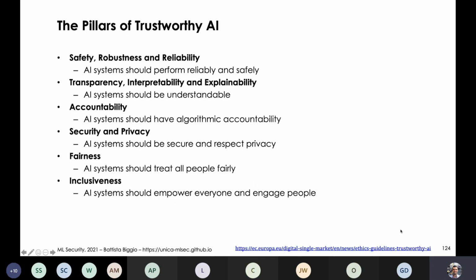Okay, I think I skipped another question, which is this one. Is it possible to collect a large amount of adversarial examples and train the net to be robust? Yes, basically this is one of the defenses which is mostly used.